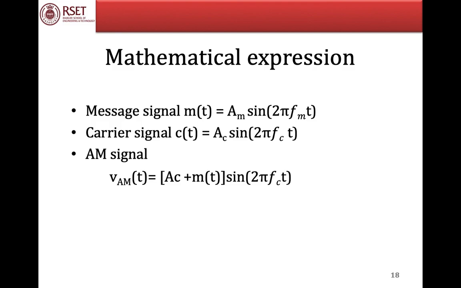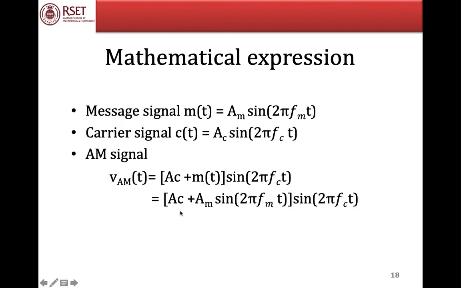This can be expanded as (Ac + Am sin 2π fm t) sin 2π fc t. Here you can see that the amplitude of the carrier is changing with respect to the amplitude of the message at every instant of time.